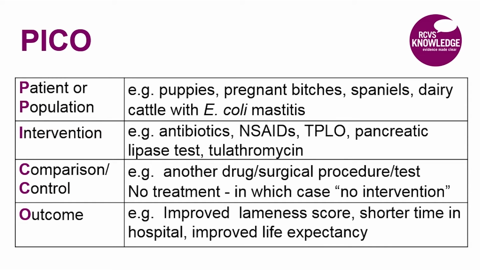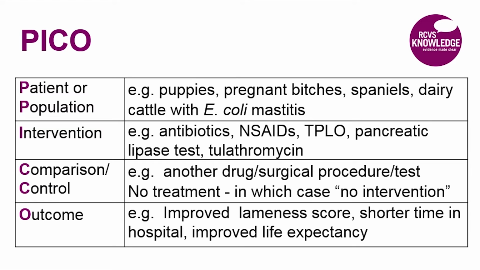So if you're looking at some of the genetic diseases with pure breeds, you might want to look at that. Sometimes age is really important, so geriatric cats with renal failure. It's for you to decide how specific you need to go. Dogs might do, puppies, pregnant bitches, lots of examples on my slide there.